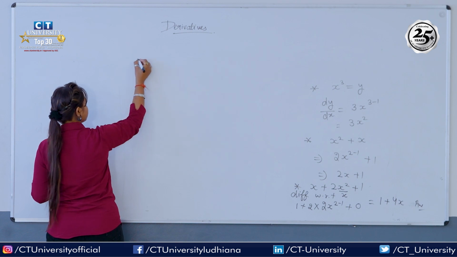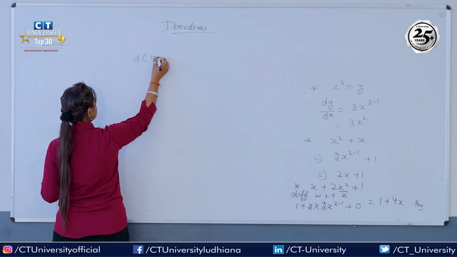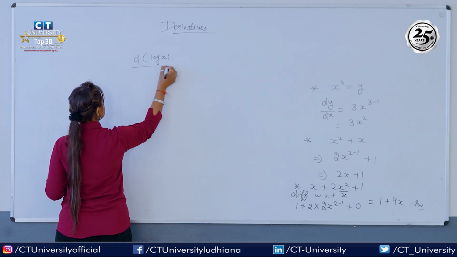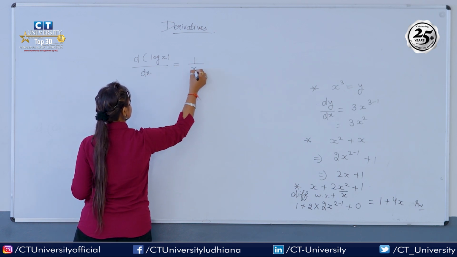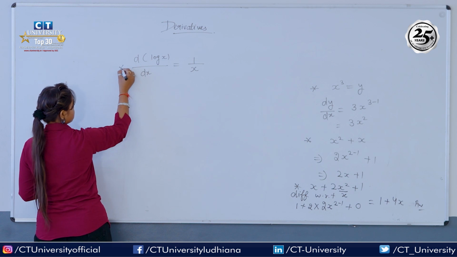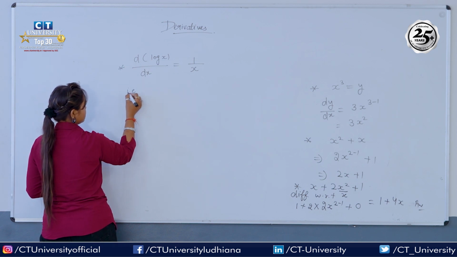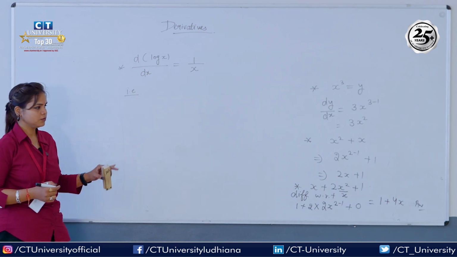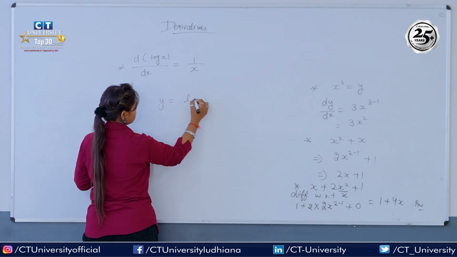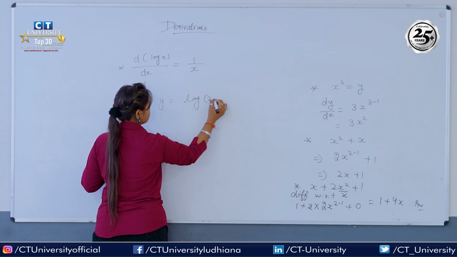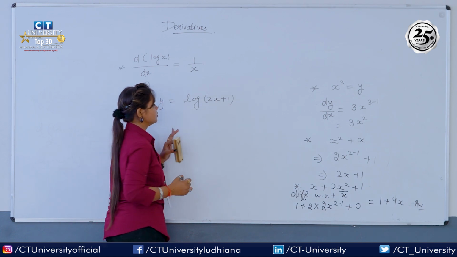Next rule, the derivative of log x with respect to x is equal to 1 by x. Example for this rule: let y is equal to log of 2x plus 1.